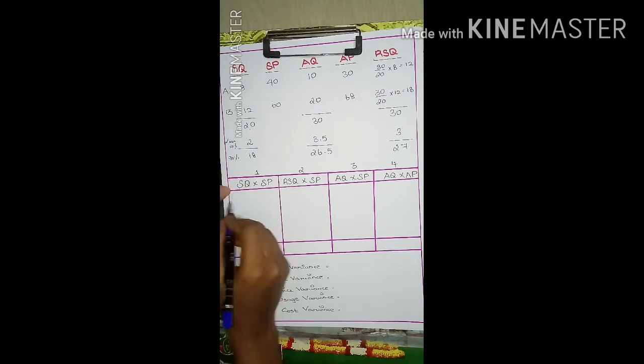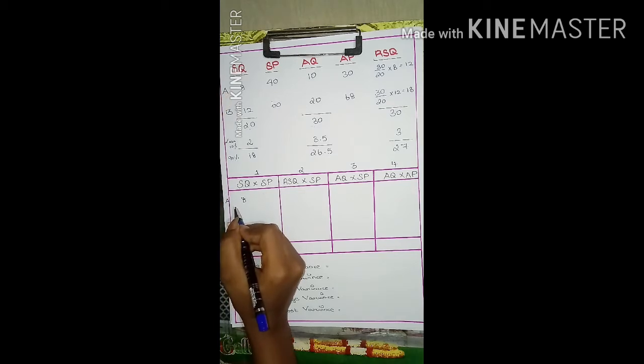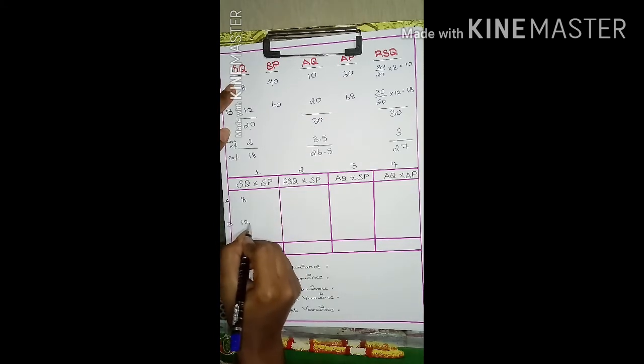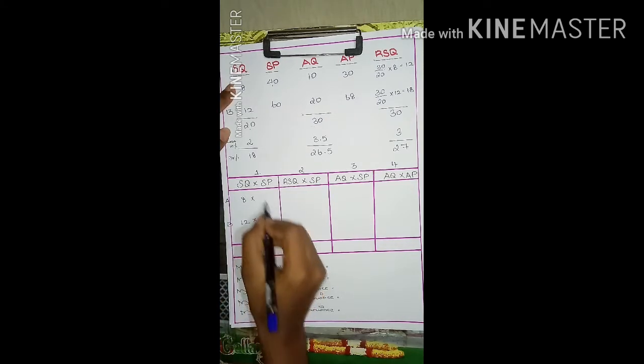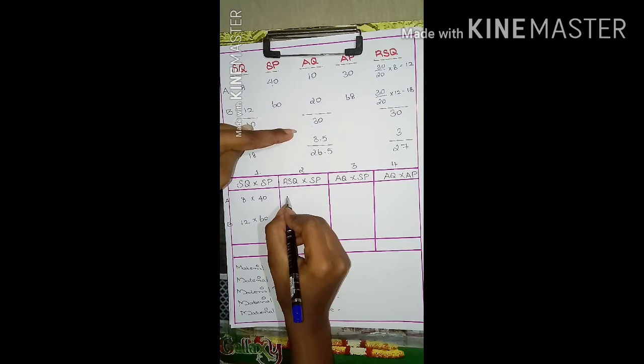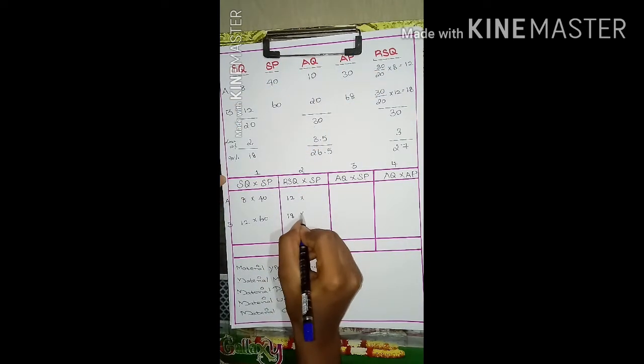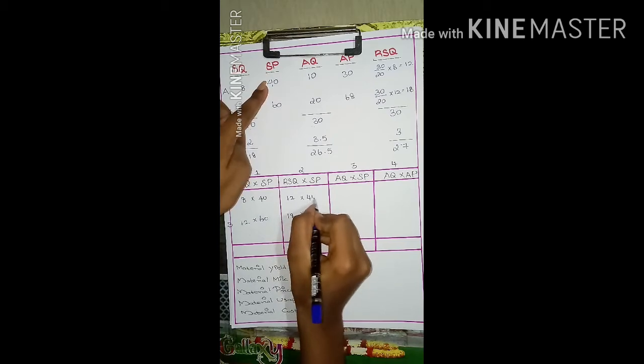First, standard quantity, here A and here B. Standard quantity of A is 8. Just take the numbers from the workings, 8, and for B it's 12, into standard price 40 and 60. Then RSQ, for A is 12 and for B it's 18, into standard price 40 and 60.